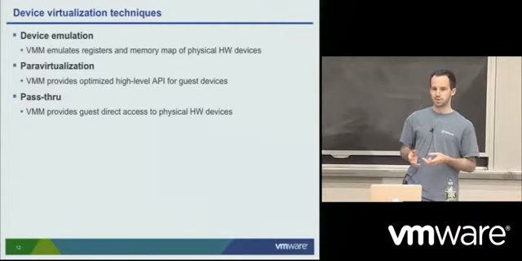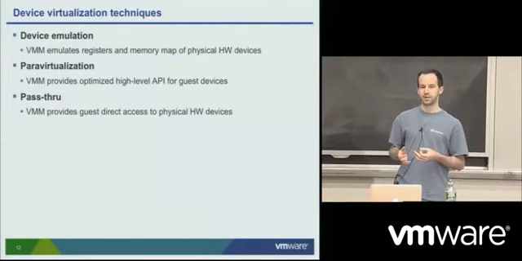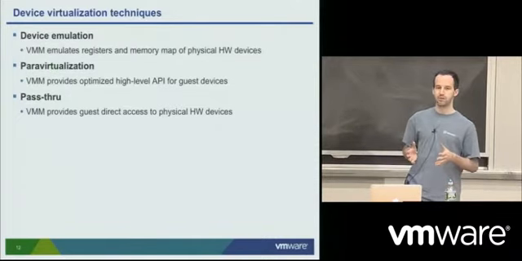Para-virtualization is similar, but instead of using a hardware-defined interface, we can use a much higher level API, one which is better suited towards virtualization and allows higher levels of performance and simplifications to the virtualization solution. And the final one is pass-through, which is something we haven't seen so far, because it doesn't really apply in the case of CPU virtualization.